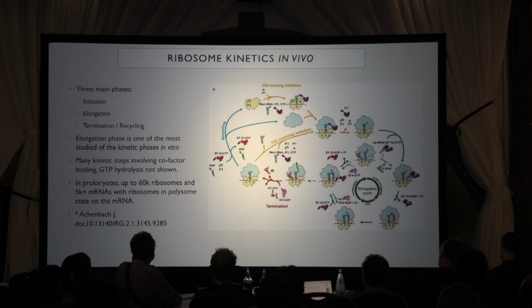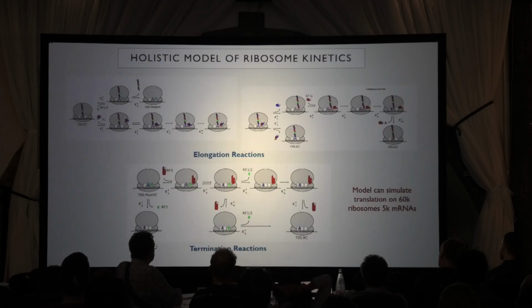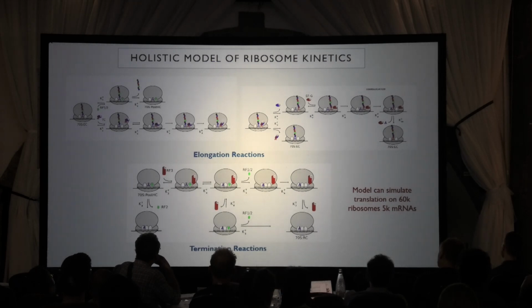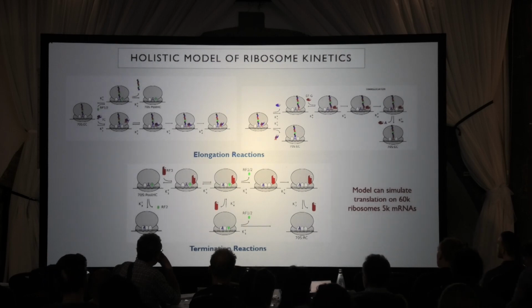And the goal was to incorporate as much of the known kinetic reactions as possible. Many groups, Ehrenberg and Rodnina and several others, have worked out basically all of the kinetic steps with quite detailed biochemistry of the individual steps that take place, and a lot of the kinetic rates.